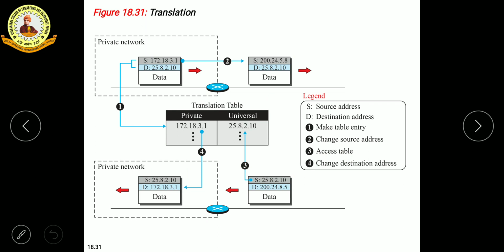How this address translation is done, we have a separate part for that: the translation table. The reader may have noticed that translating the source address of an outgoing packet is straightforward, but how does the NAT router know the destination address for a packet coming from the internet? To which host does it have to go? The NAT router has to use an IP address table. In the simplest form, a translation table has two columns, the private address and the external address. When the router translates the source address of the outgoing packet, it also makes note of the destination address.